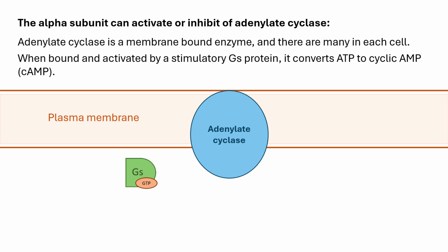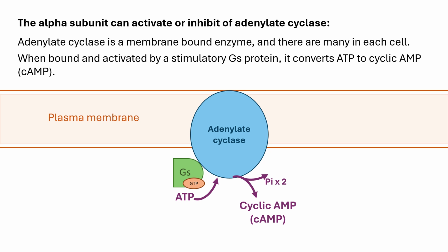So here's our stimulatory G protein. You see we've called it a Gs, S for stimulatory. Comes along, it binds to adenylate cyclase.